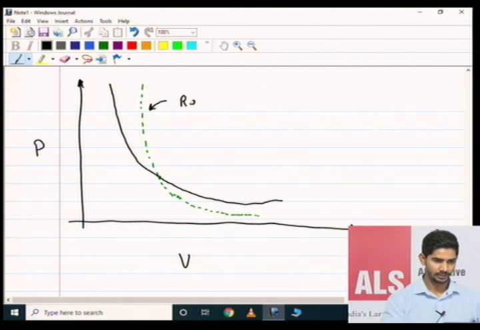This is your real gas. This is your ideal gas.